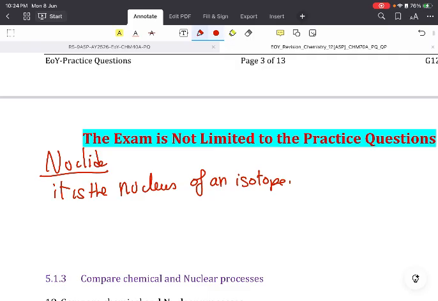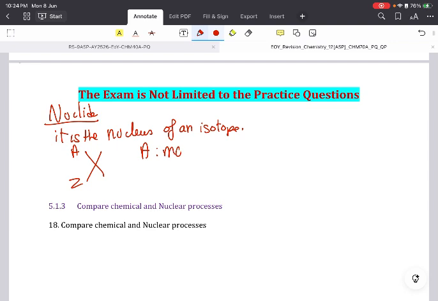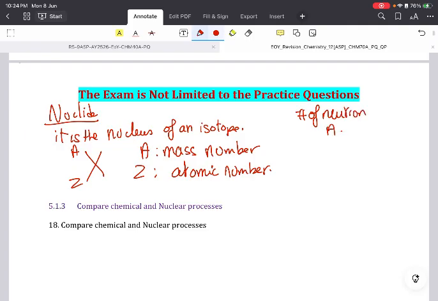So how do I represent a nuclide? A nuclide is represented by the symbol, and on top we have the mass number, and below we have the atomic number. So A is the mass number and Z is the atomic number. Now if I want to find the number of neutrons, I simply subtract A minus Z.